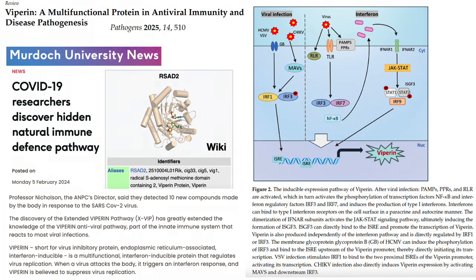After viral infection, PAMPs, pathogen-associated molecular patterns, PRRs and RLR, are activated, which in turn activates the phosphorylation of transcription factors, nuclear factor kappa B, and interferon regulatory factors IRF3 and IRF7, and induces the production of type 1 interferons.